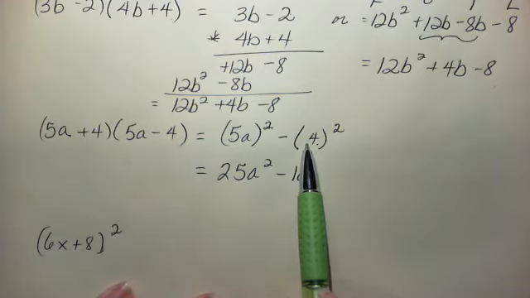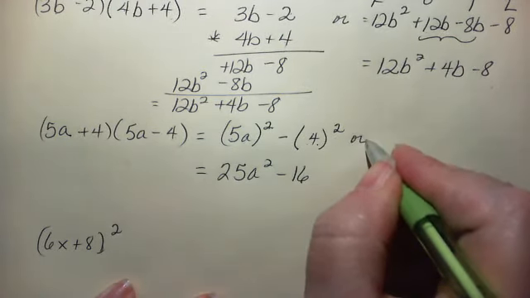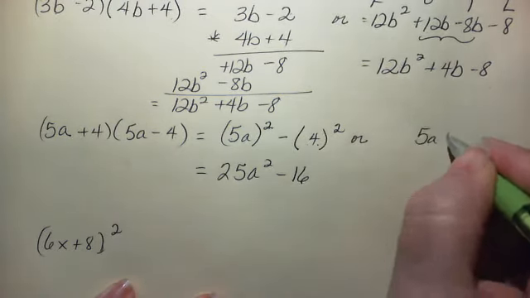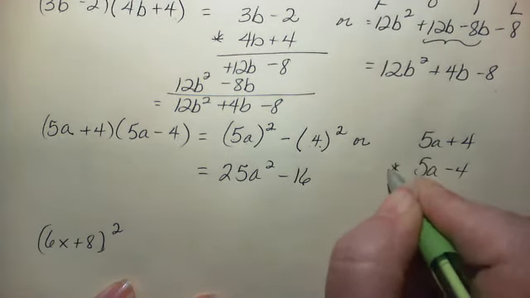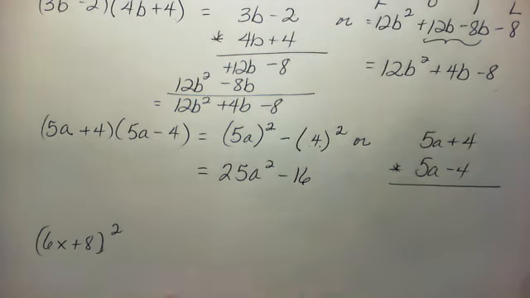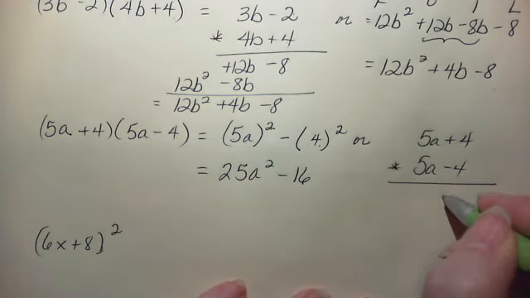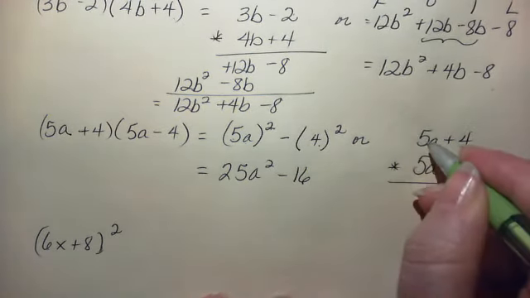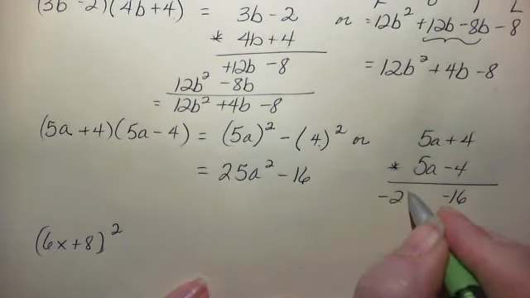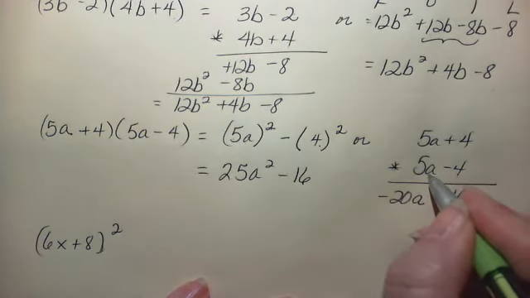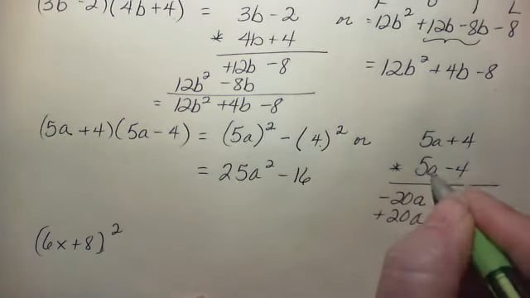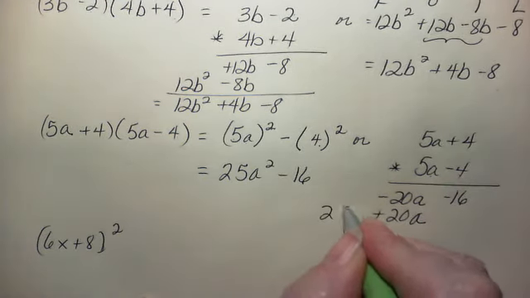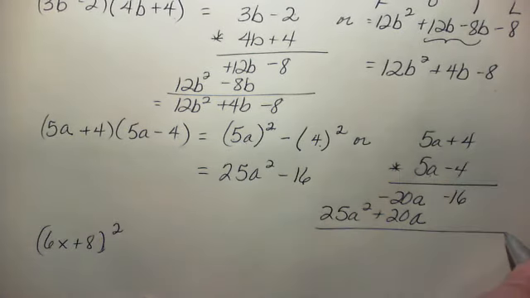If you forget that, remember you could also show it stacked. 5a plus 4 times 5a minus 4, multiplying those as we've done before. Negative 4 times 4 for negative 16, negative 4 times 5a for negative 20a. Multiply with your 5a times 4, positive 20a. 5a times 5a for positive 25a squared.